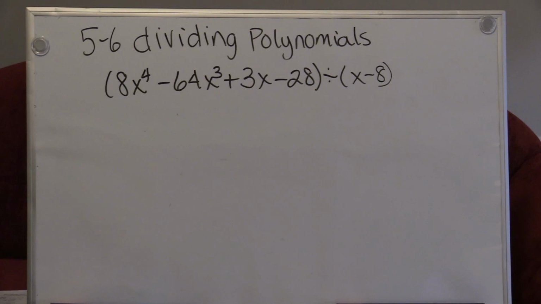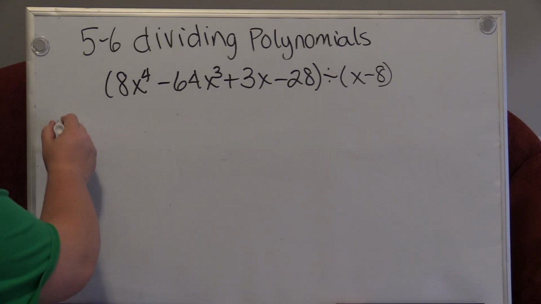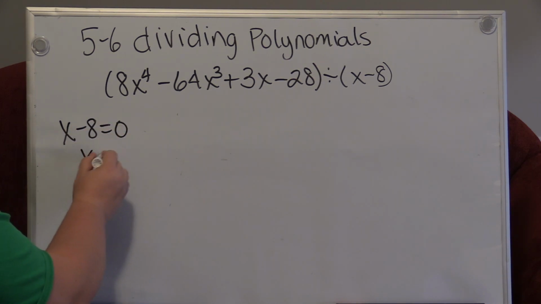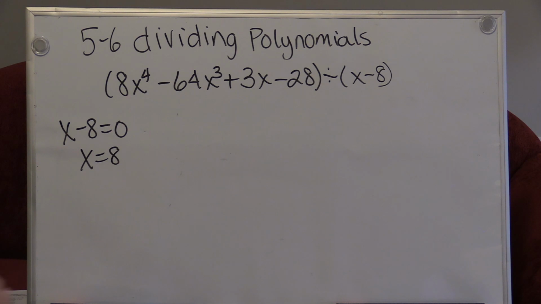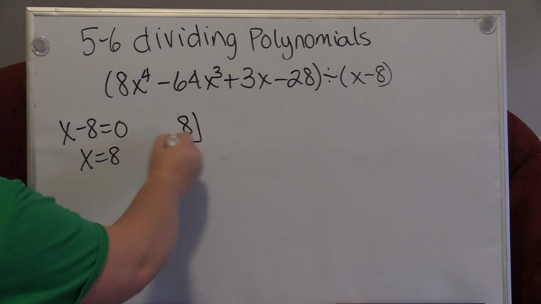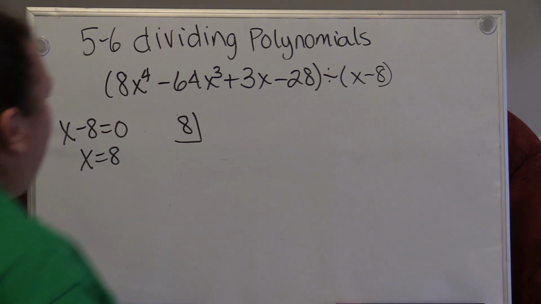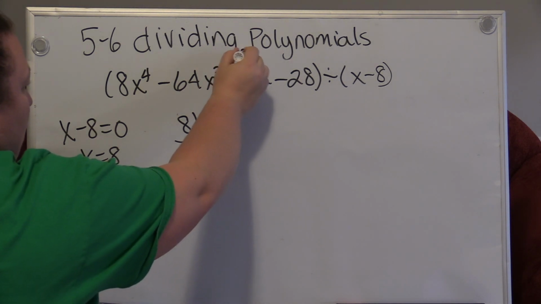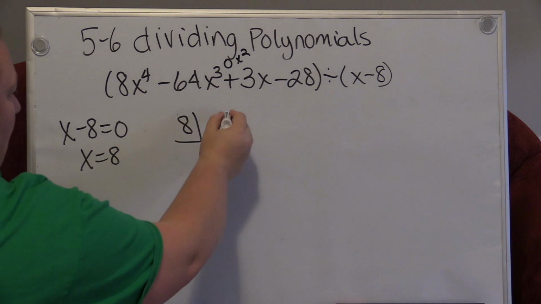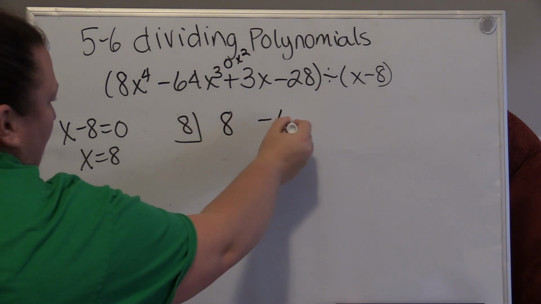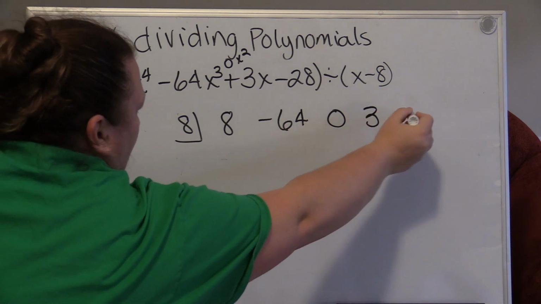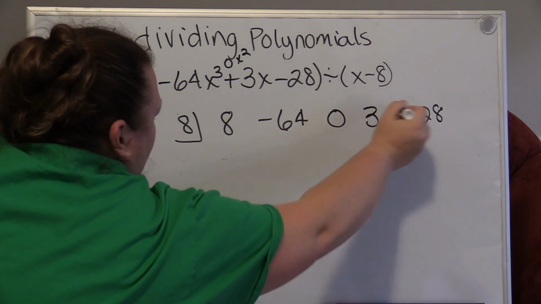So in order to make this work, we're going to have to put in 0x squared. So we'll start again with x minus 8 equals 0, and x equals 8. And the 8 goes over here. And we're going to write our coefficients, but remember, we have 0x squared here. So we can't forget that. I have my coefficients of 8, negative 64, 0, 3, and negative 28.